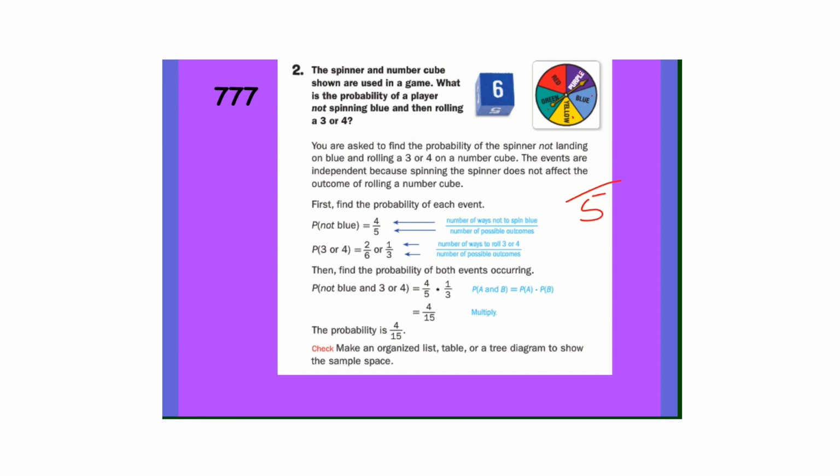How many of them are not blue? 4 of them. On the number cube, rolling a 3 or a 4. How many are 3s and how many are 4s? So we have 2 out of 6. Simplify, and we have 4/15. Just what they have here, 4/15.